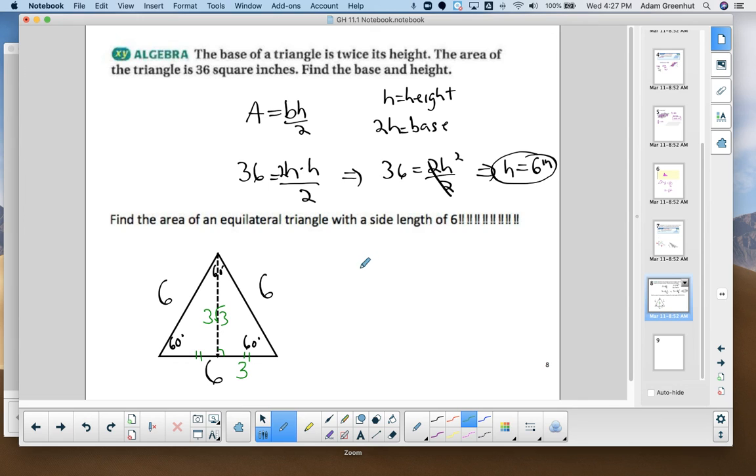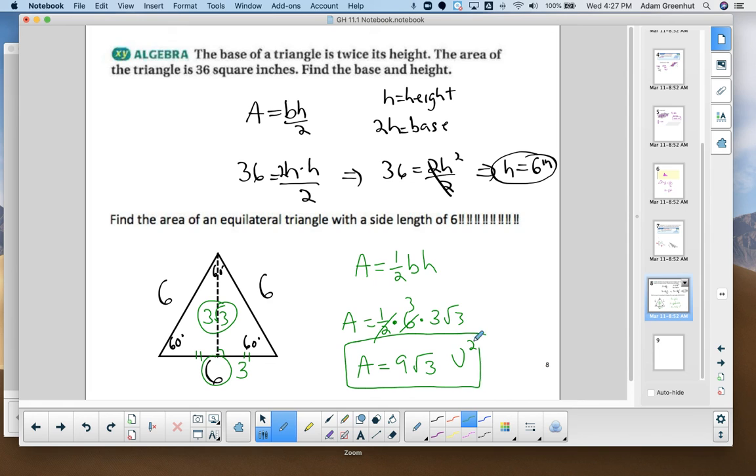But either way, I'm going to do area equals half base times height. So if I use this 6 as my base, I can now use this 3 root 3 as my height, and I'd probably do half of 6 is 3, and my area equals 9 root 3. And since I wasn't given any units, I'll just call it units squared.